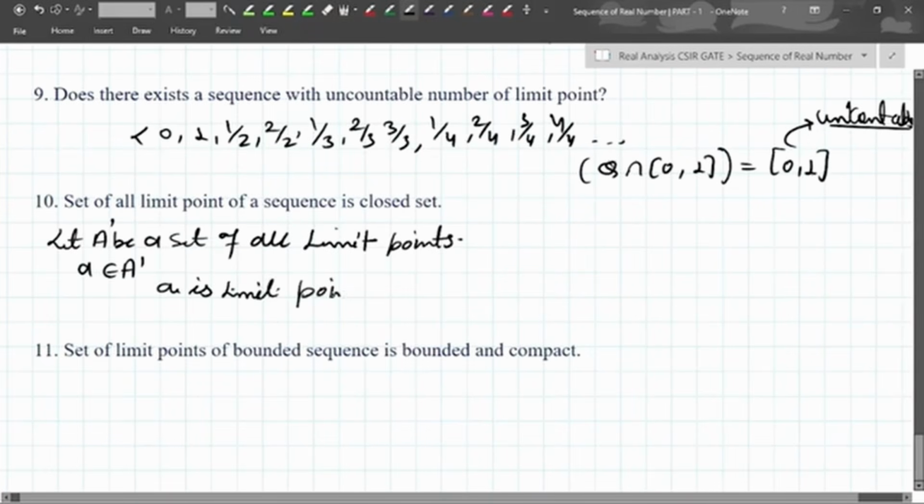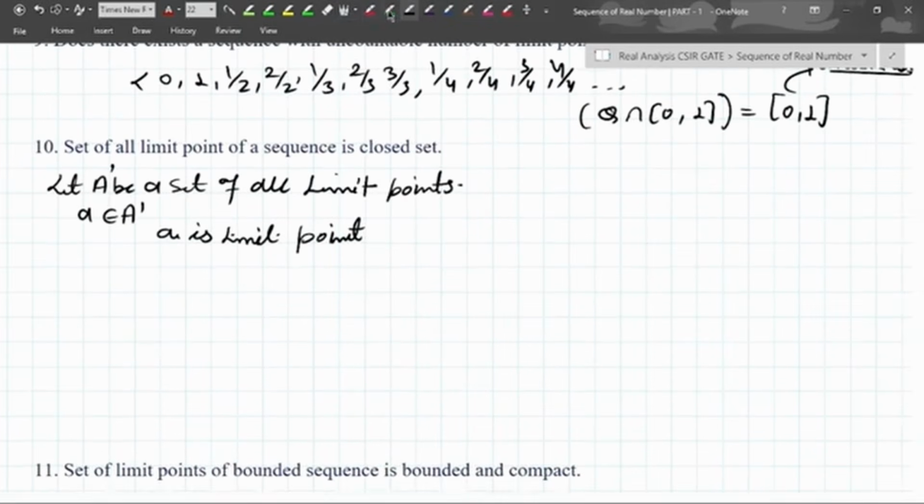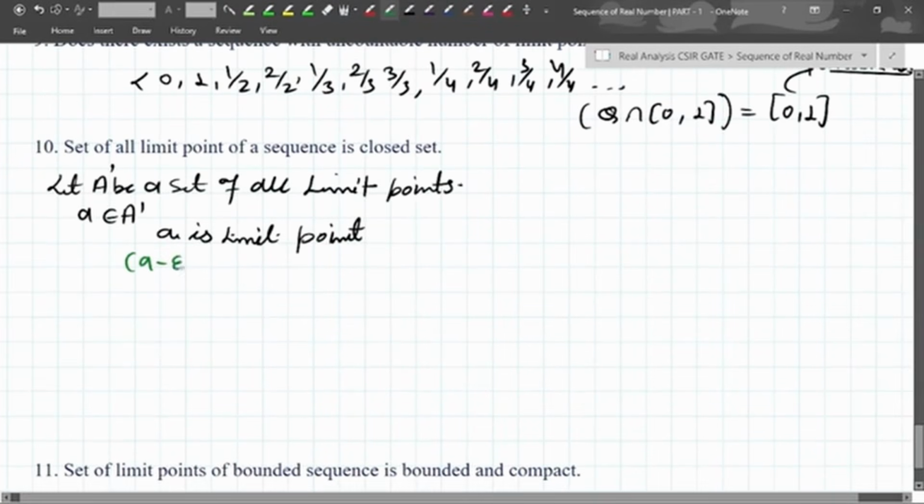a limit point. If it is a limit point, then what is the definition of a limit point here? The interval a minus epsilon to a plus epsilon contains infinitely many terms of the sequence.